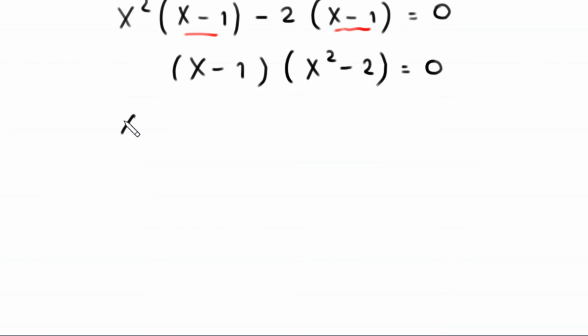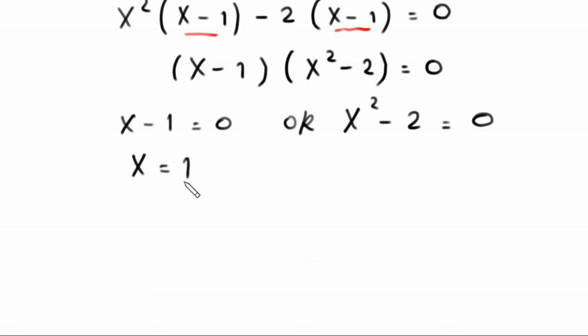Either this expression x minus 1 equal to 0, or this second factor x squared minus 2 equal to 0. From this equation x will be equal to 1, and from this equation move this negative 2 to the right hand side. This will become x squared equal to 2, and we take square root of both sides.